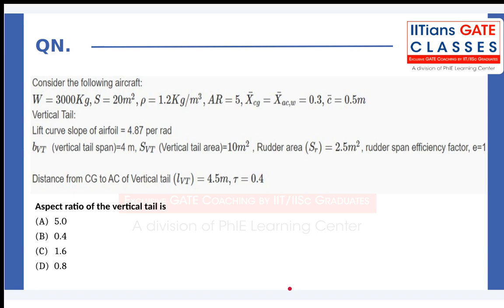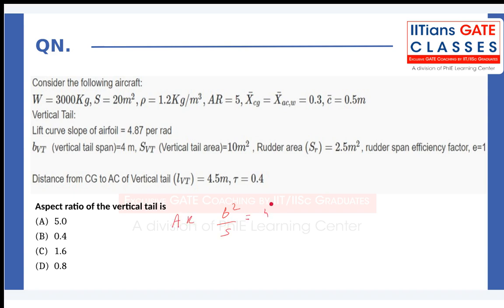Try doing it. Alright, yes, it's 1.6. Aspect ratio is nothing but b squared by S. And you have 4 squared by 10.